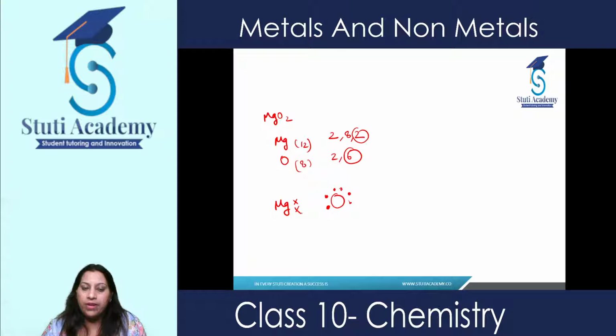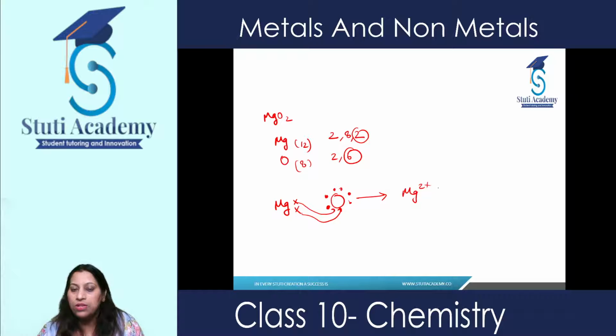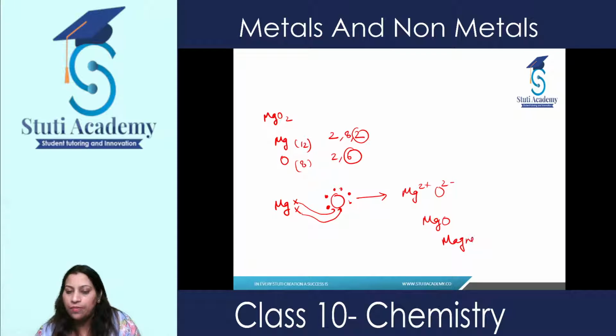So magnesium will give its 2 electrons, and oxygen is accepting 2 electrons, and it becomes MgO, which is magnesium oxide.